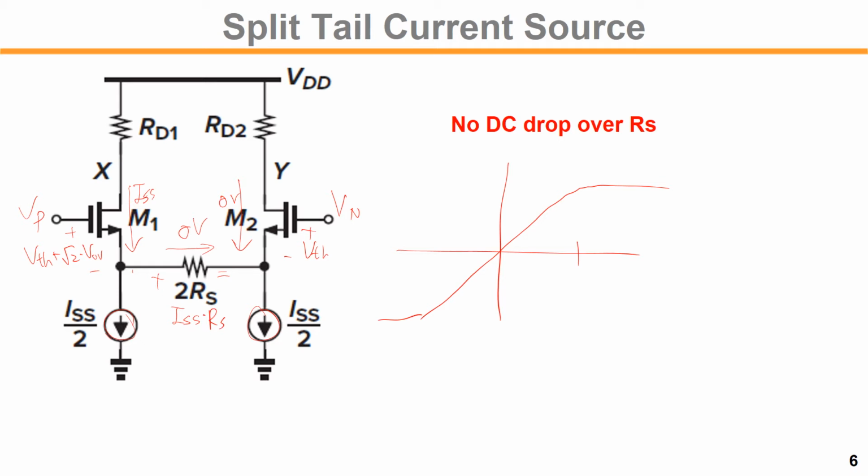So at the extreme input case, Vp minus Vn would be square root 2 times Vovedrive plus ISS times RS. So this factor is exactly the same as before, right?